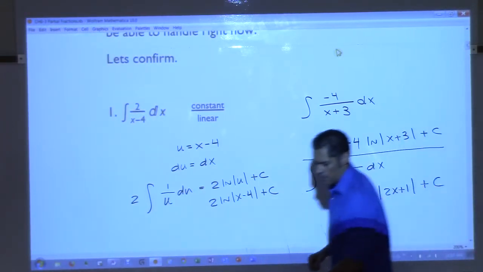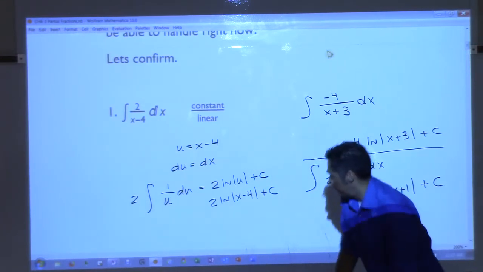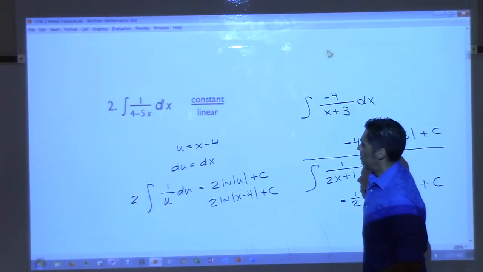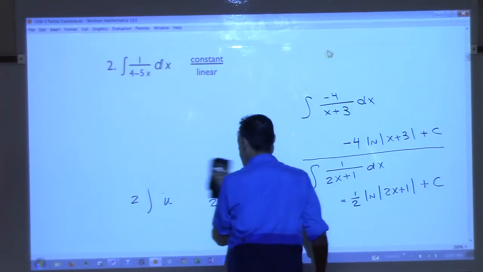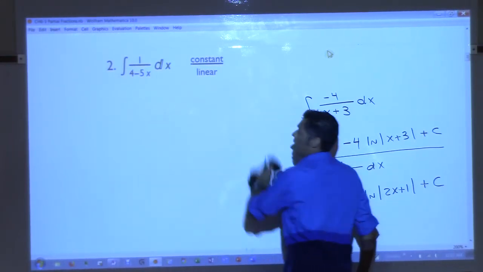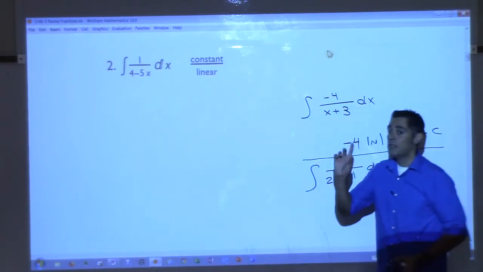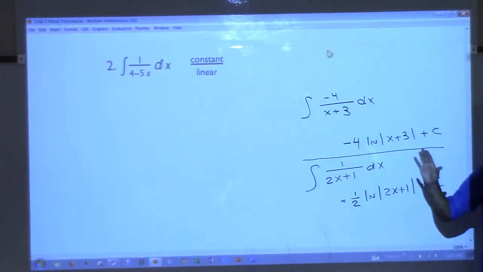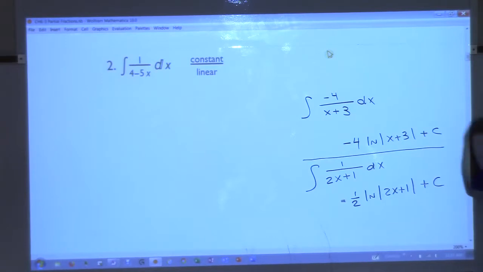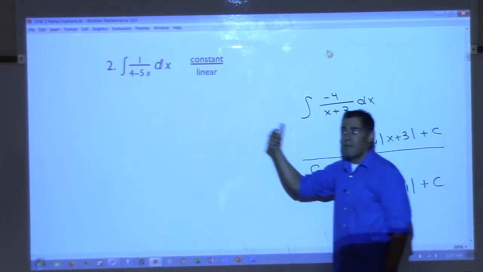Okay, the next one is another example of this. This is still a constant over linear. So what would u be if you did a basic u substitution? 4 minus 5x. What would the derivative of that be? Negative 5 dx.